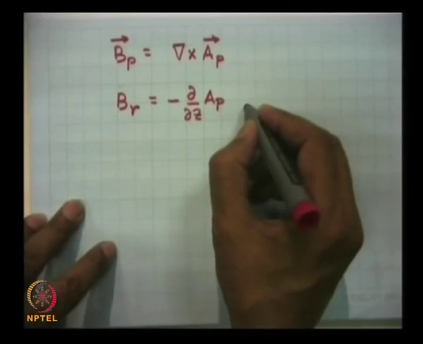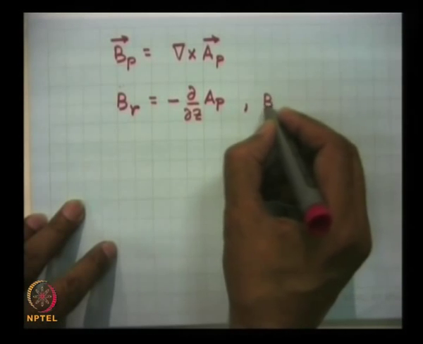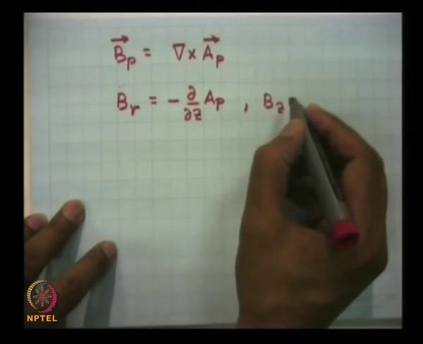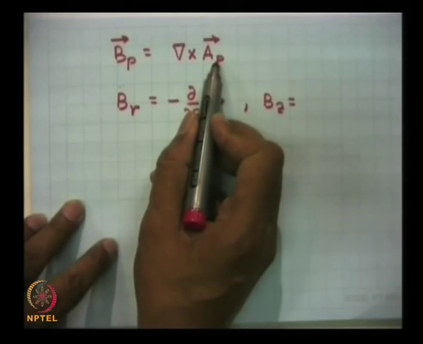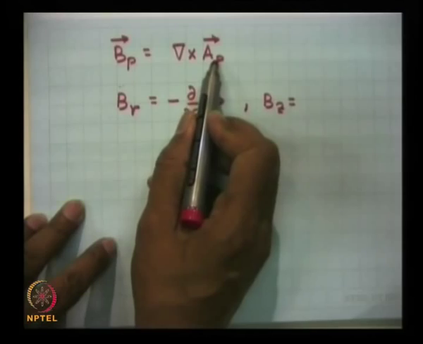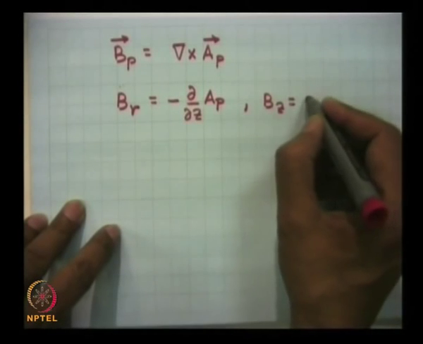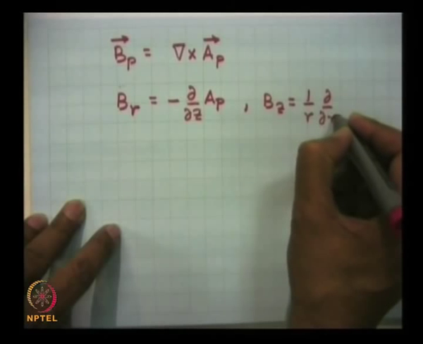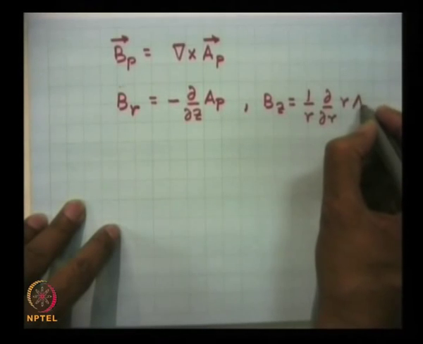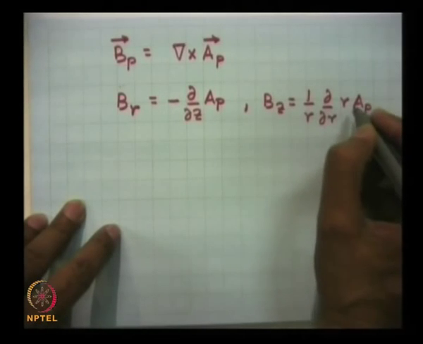And Bz that I need will be equal to the radial component of this operating over the phi component, which turns out to be 1 upon R delta by delta R of R AP. AP is A phi.